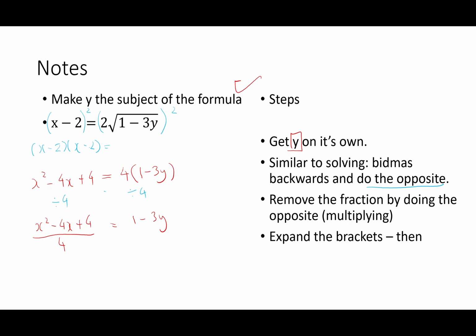Now I said this was a difficult question. It is. So I'm going to move on to the next page so I have more space. x squared minus 4x plus 4 divided by 4 equals 1 minus 3y.